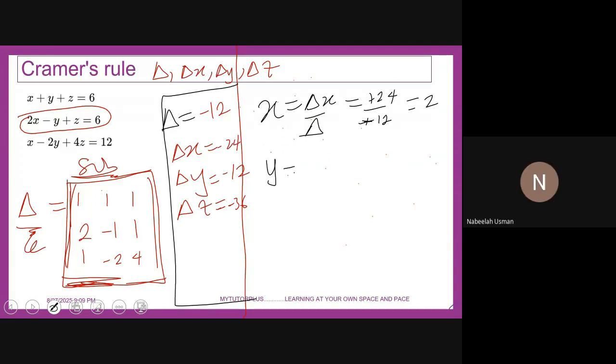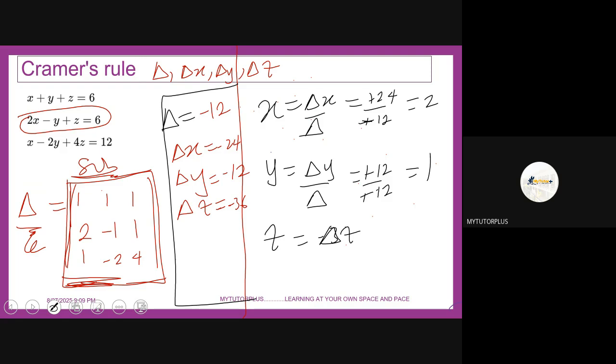Then y equals delta y divided by delta, minus 12 divided by minus 12, which gives us 1, right? And the last one, z, equals delta z divided by delta, which is minus 36 divided by minus 12. That will give us 3. So this is the value of x, y, and z based on the question given to us.